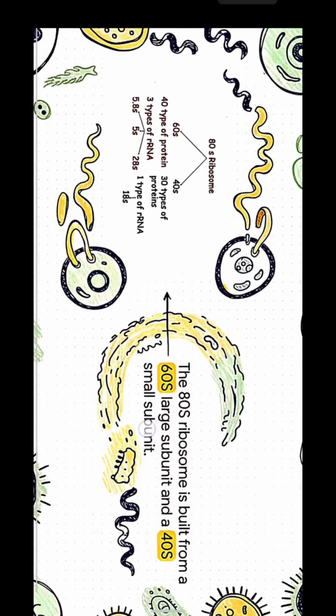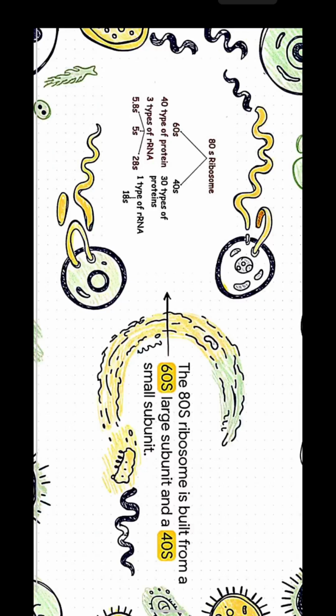Here we can see that the largest subunit, that is 60S, contains 40 types of proteins and 3 types of rRNA, that is 5.8S, 5S and 28S.